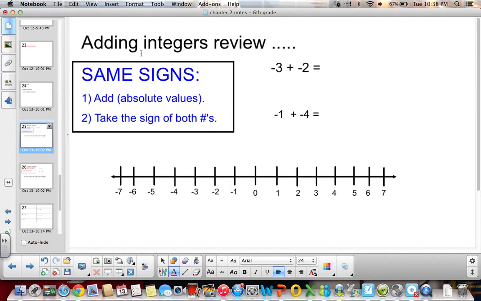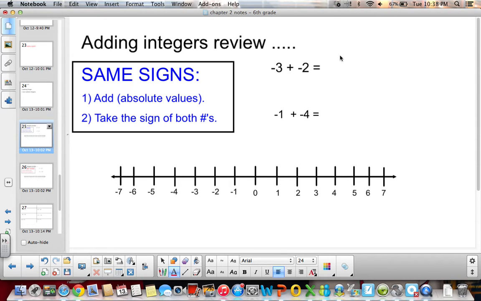So, as you recall from the video and from what we talked about in class, adding integers. If we have the same signs, for example, -3 and -2 have the same signs because they're both negative. Same with -1 and -4. We can add the absolute values and then take the sign of both numbers. So I tried to diminish it into 2 quick steps.